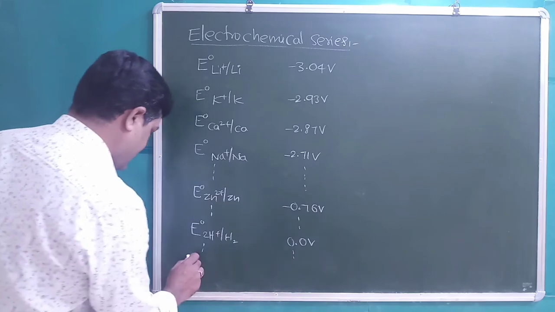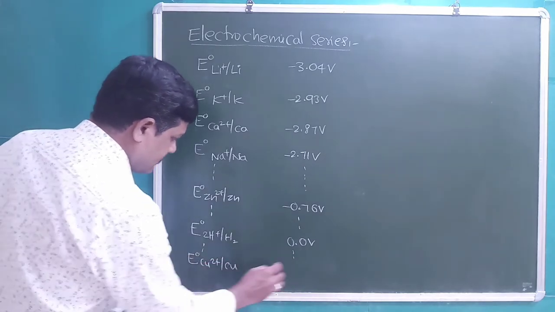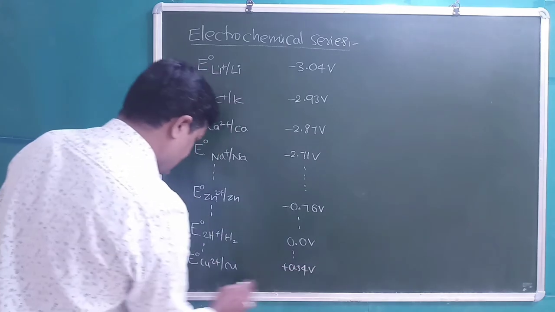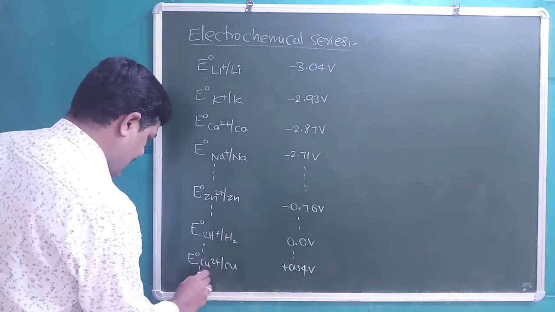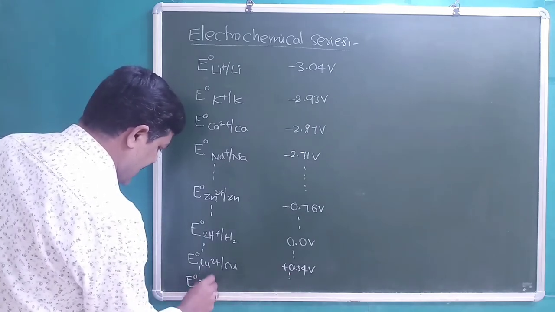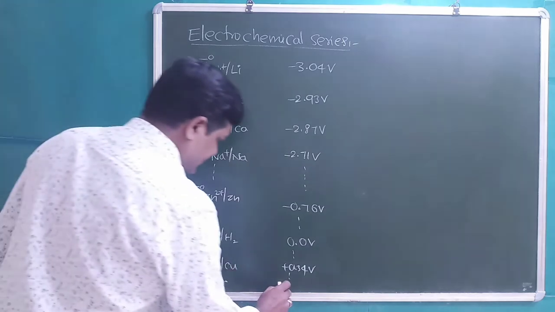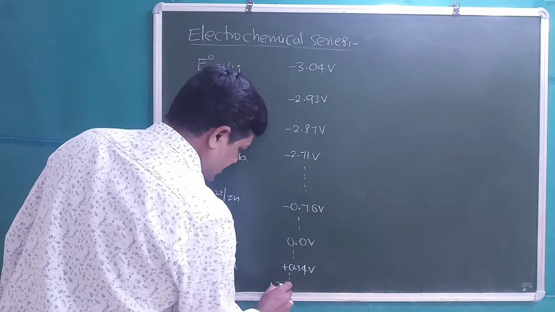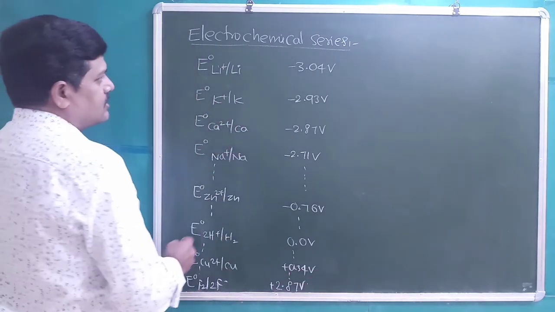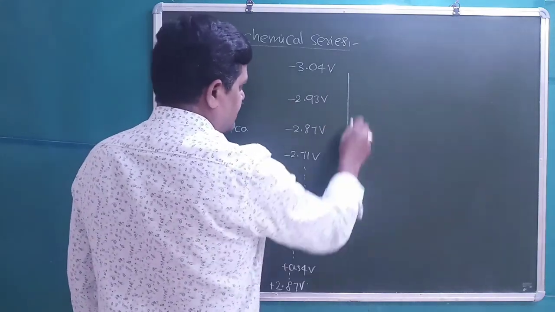Then after this we have E naught Cu2+/Cu, which is plus 0.34 volts, a positive reduction potential, and at the end we have E naught F2/2F minus, which has plus 2.87 volts approximately.